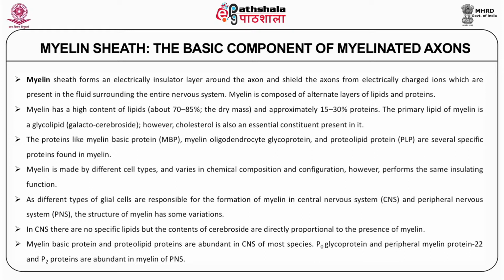In the central nervous system, there are no specific lipids, but the content of cerebrosides is directly proportional to the presence of myelin. Myelin basic protein and proteolipid proteins are abundant in the central nervous system of most species. P0 glycoprotein, peripheral myelin protein 22 and P2 proteins are abundant in myelin of the peripheral nervous system.